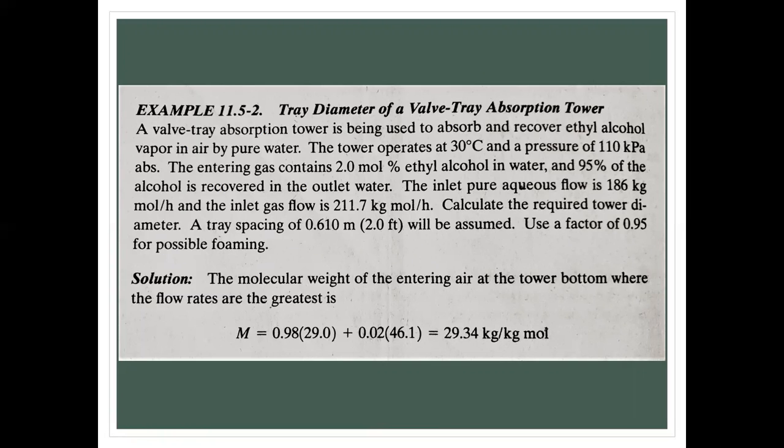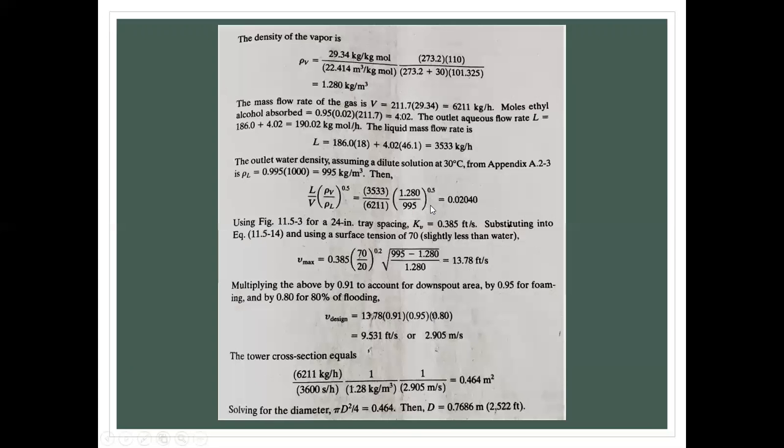In this case, our gas is air, your contaminant is ethyl alcohol. Since it is 98% air, notice that the air here is 29, not 28.97. It's okay. And you have 2% ethyl alcohol, with molecular weight used of 46.1. This is the average molecular weight of your alcohol-air mixture that entered the column.